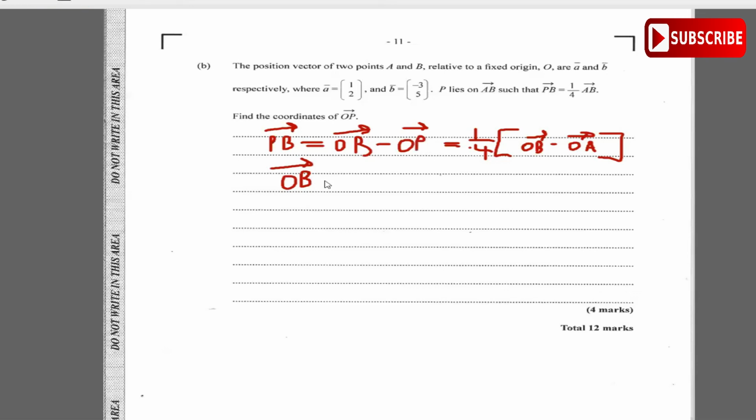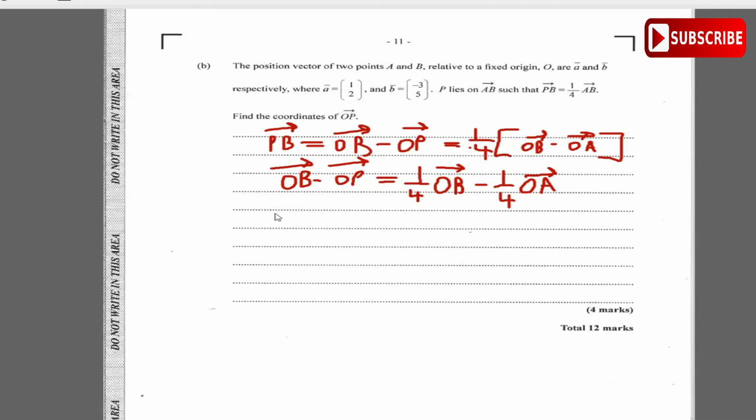So we have OB minus OP, and that's equal to a quarter OB minus a quarter OA. All we're going to do is make OP the subject. So let's make OP the subject by bringing OP over here and bringing everything else over there.